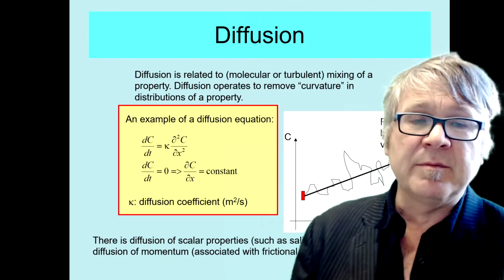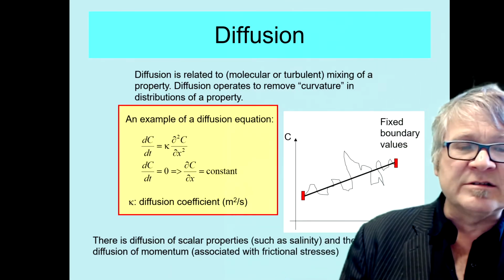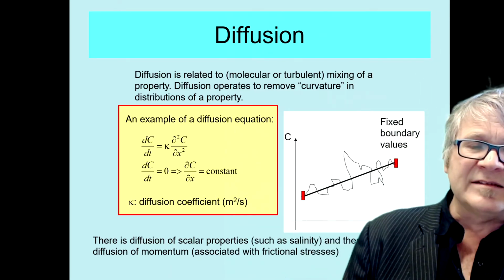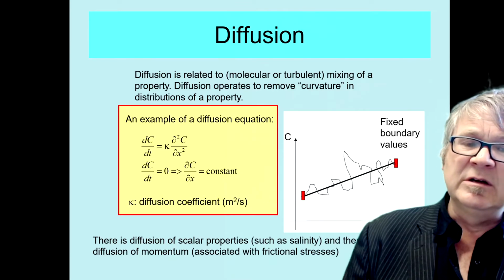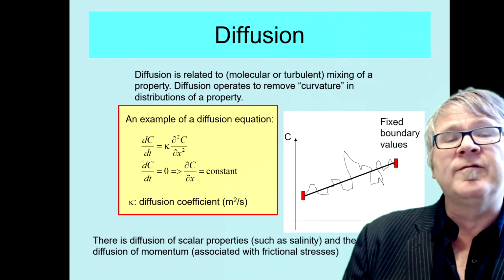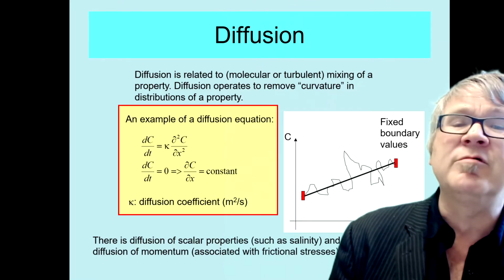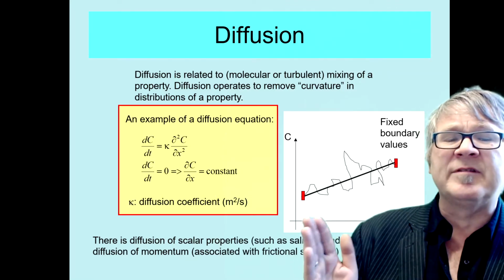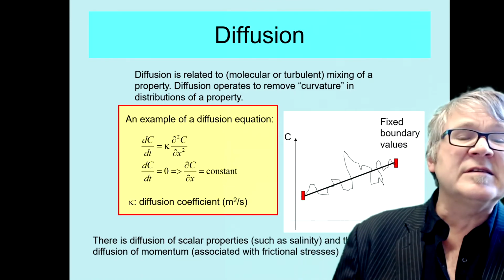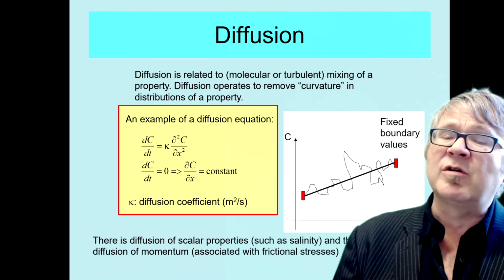And there's a little image here behind me. So you have an initial distribution, and the x-axis is shown here. This one is the wiggly curve. Okay? And then for this problem, you need a boundary value. You need to say what happens at the boundary. In this example, I just keep the boundary values constant.